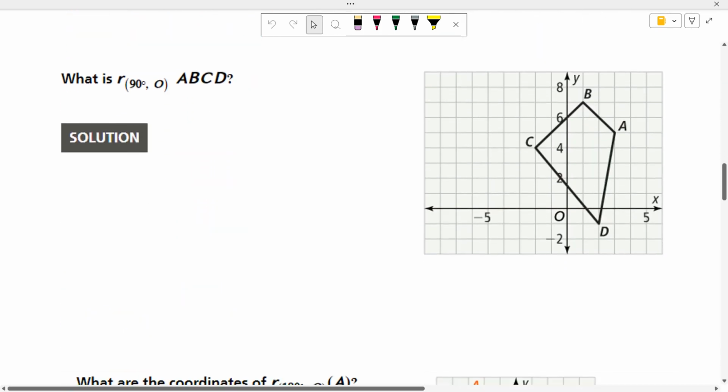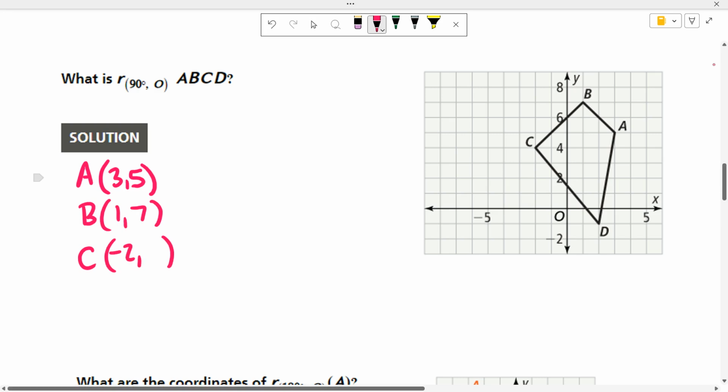All right. So if we rotated this 90 degrees around our origin, what is A's original ordered pair? (3, 5). What's B's original ordered pair? (1, 7). What's C's original ordered pair? (negative 2, 4).